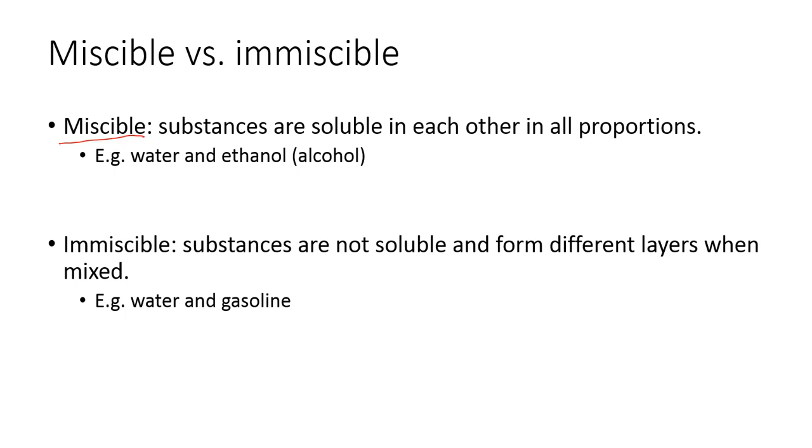But there are other substances like water and gasoline or water and diesel. They are not going to mix. So that would be an example. If you mix water and diesel, you see that you have two layers. This is layer 1.